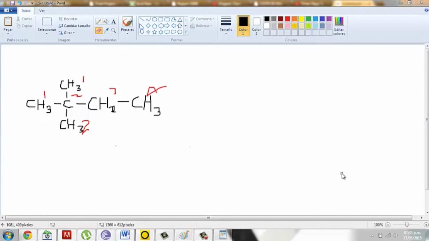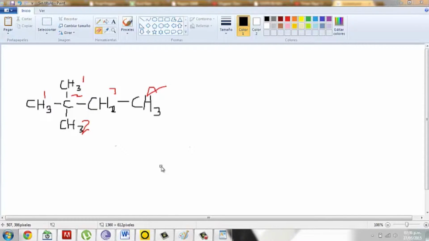First of all, we find the longest chain of carbon atoms. This is it. Then we number the atoms in the main chain, 1, 2, 3, and 4, beginning at the end near the first branch point. Here it is. Identify and number the substituents. It's already done. They are on the same branch point.